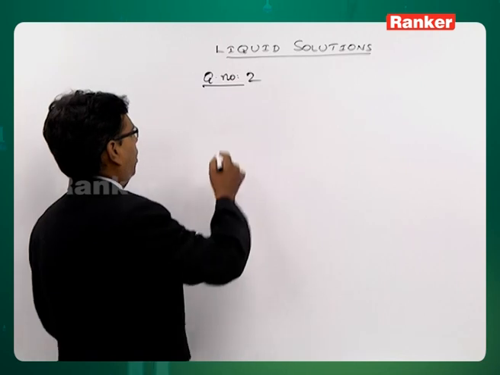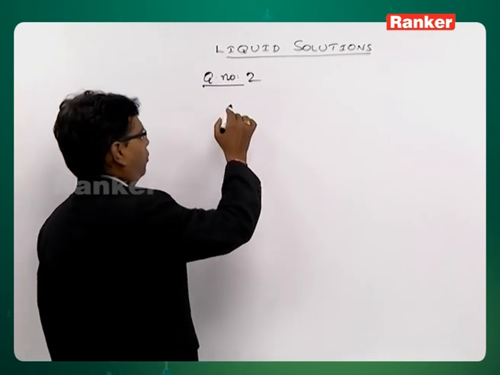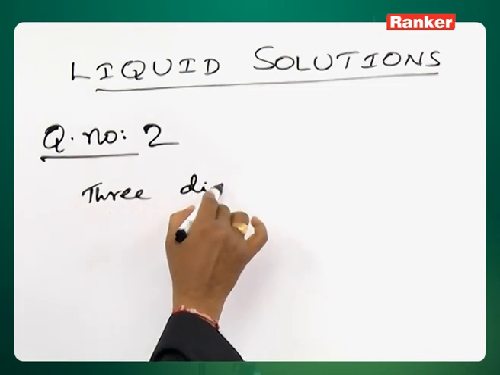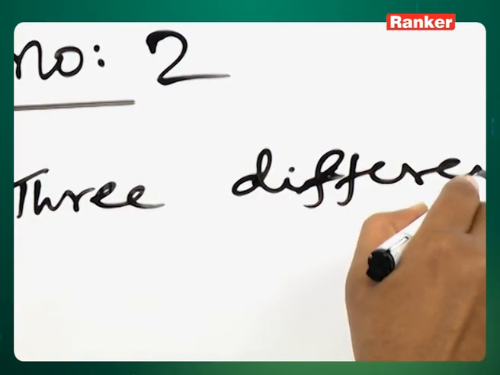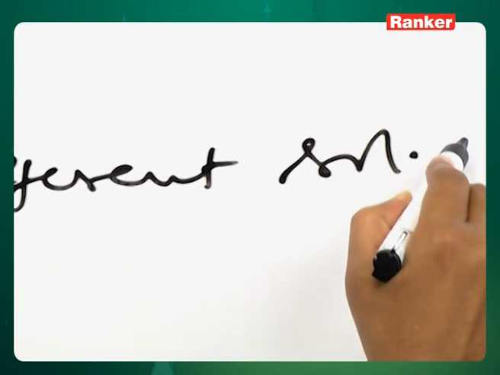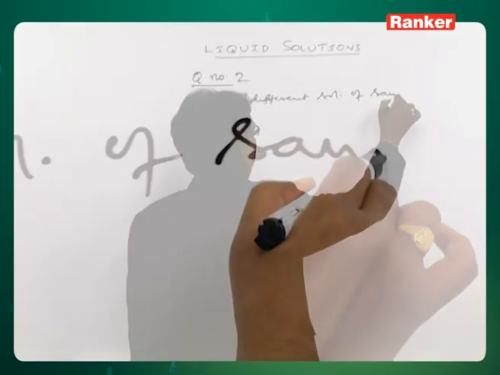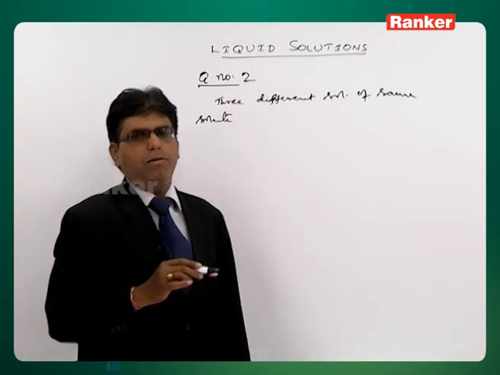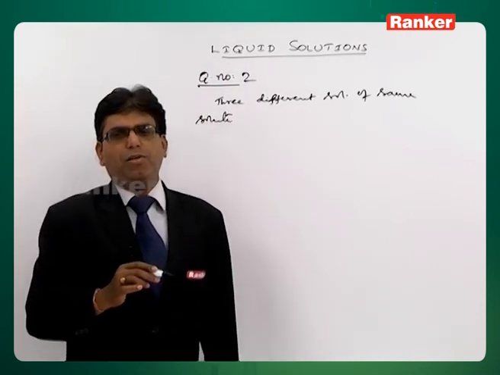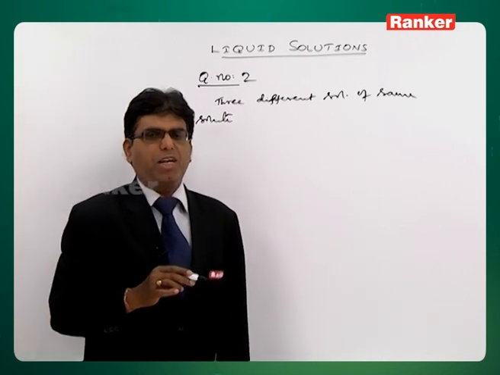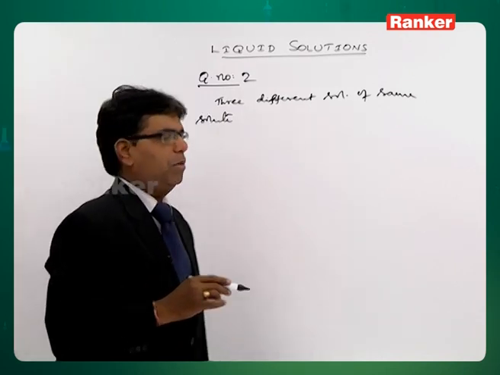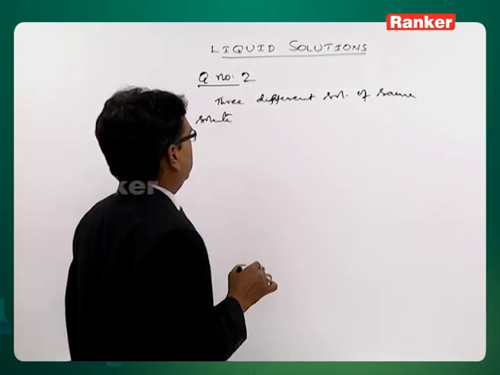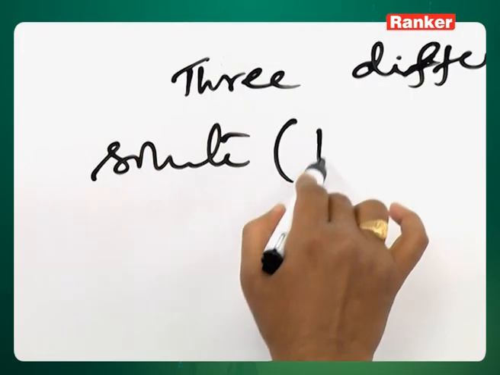To determine the resulting normality when you mix 3 different solutions of the same solute: even though HCl, sulfuric acid and HNO3 are different, all of them being acids, we can consider them as 3 different solutions of the same solute, here the solute being H plus.